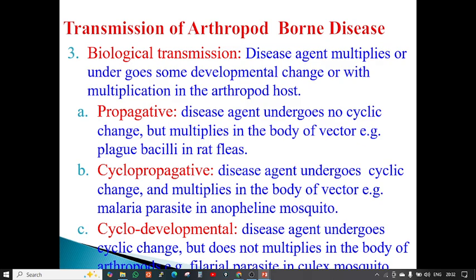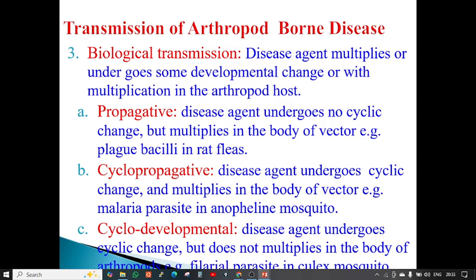For example, a virus is the causing agent. It can grow by multiplying itself. That is called propagative. Cyclopropagative means the disease agent undergoes cyclic changes and also multiplies in the body of the vector. For example, malaria parasites transfer between mosquito and human body. They can live both in the mosquito and the human body.